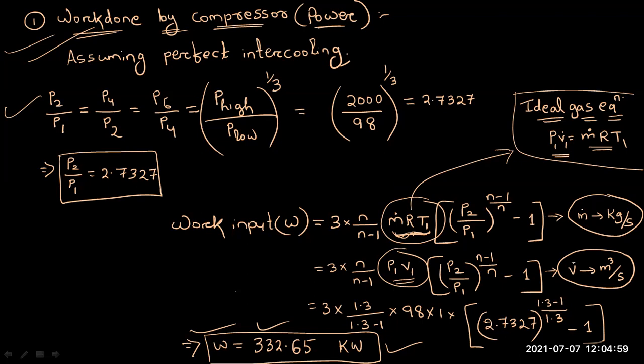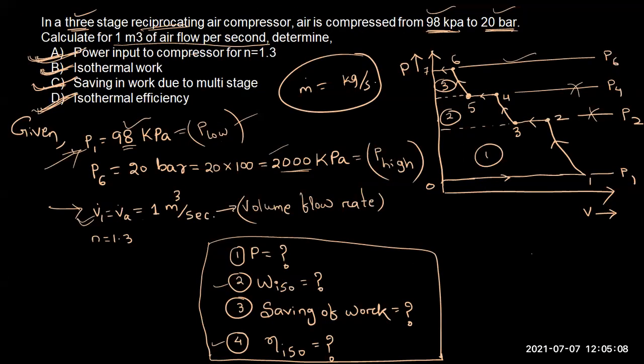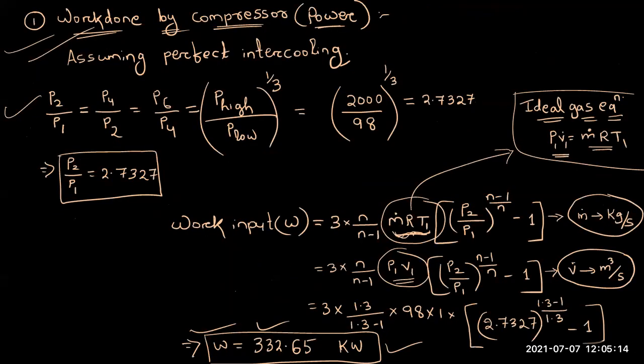If the volume flow rate is given in meter cube per second, then in place of mRT, you will write P1 into V1. Since in this question the volume flow rate is given as 1 meter cube of air per second, that's why I have written P1 into V1. I have put the values and I got the answer. Okay. In this way, you have to solve the question a little bit carefully.